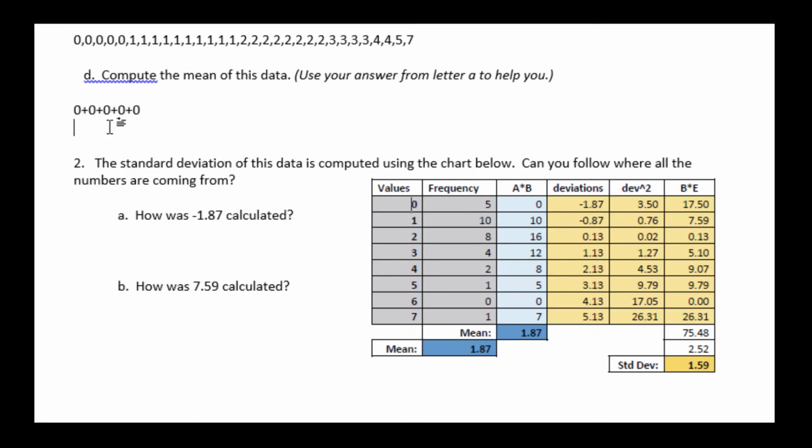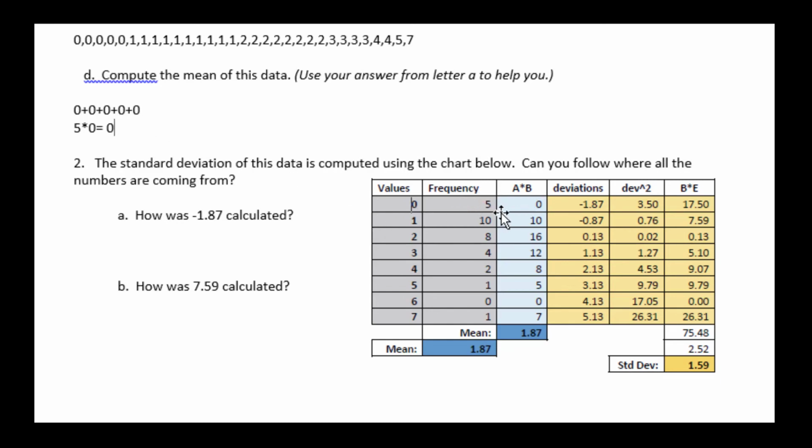So instead of doing repeated addition, what I could do is just multiplication, right? Because multiplication is a shortcut for repeated addition.